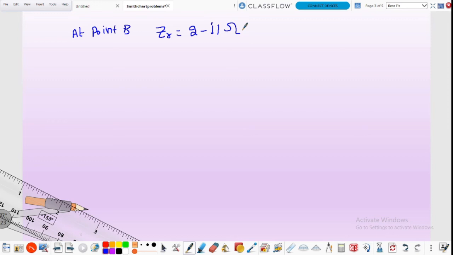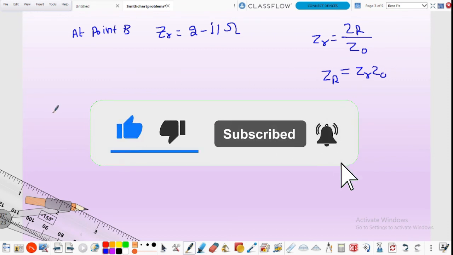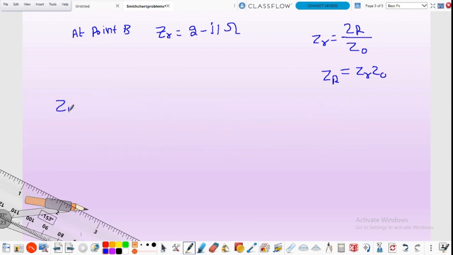Now calculate the impedance at lambda by 8 distance. What is the definition of the normalized impedance? z_r is equal to Z_R by Z0. From this equation, the impedance Z_R is equal to z_r into Z0.